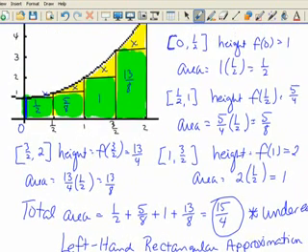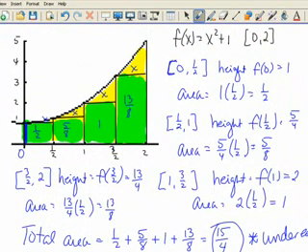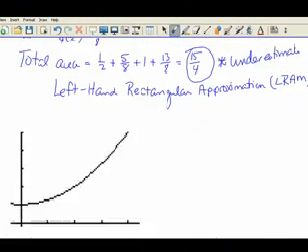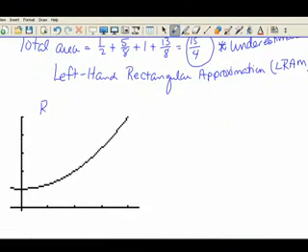Now, could we find an approximation for the same area, but instead of using the left endpoint on the intervals, use the right endpoint? Sure. That would be RRAM.